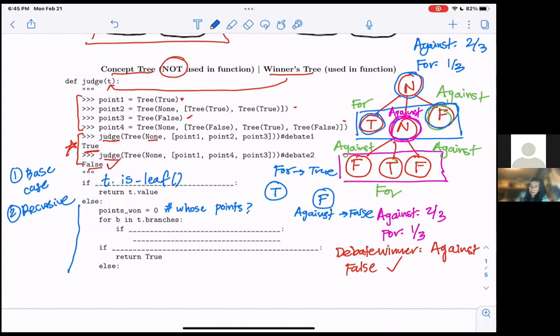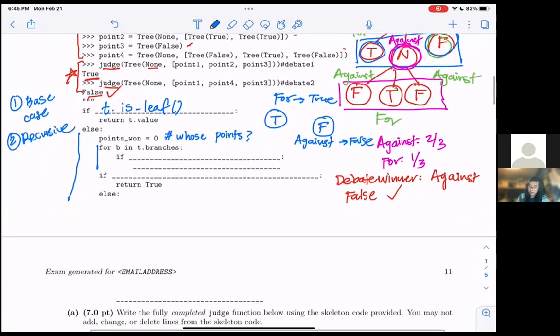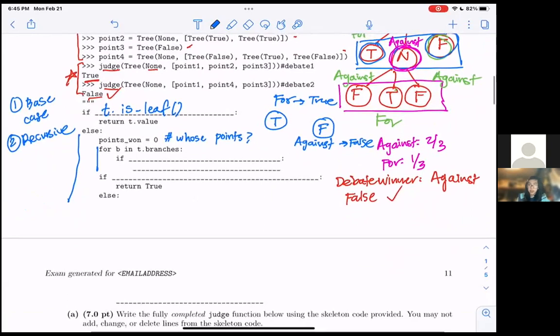And then after we set points1 to 0, we have this for loop that iterates through the branches of T. After that, we have this if else statement where we return true in some condition that we'll have to determine, and otherwise we do something else.